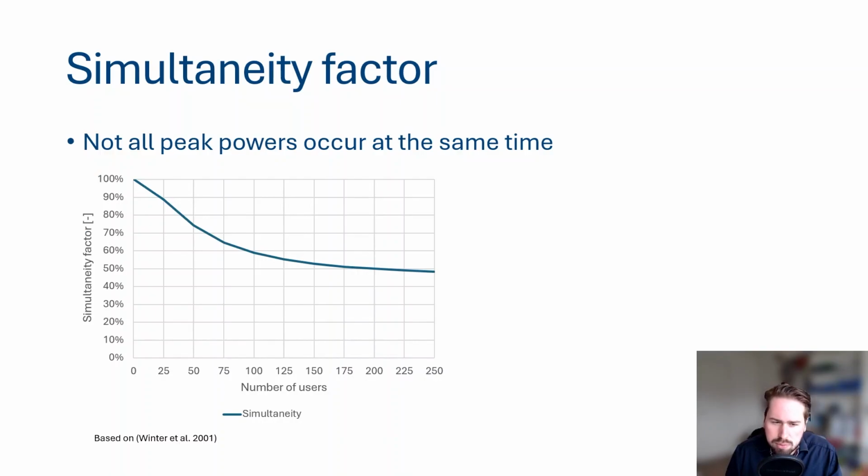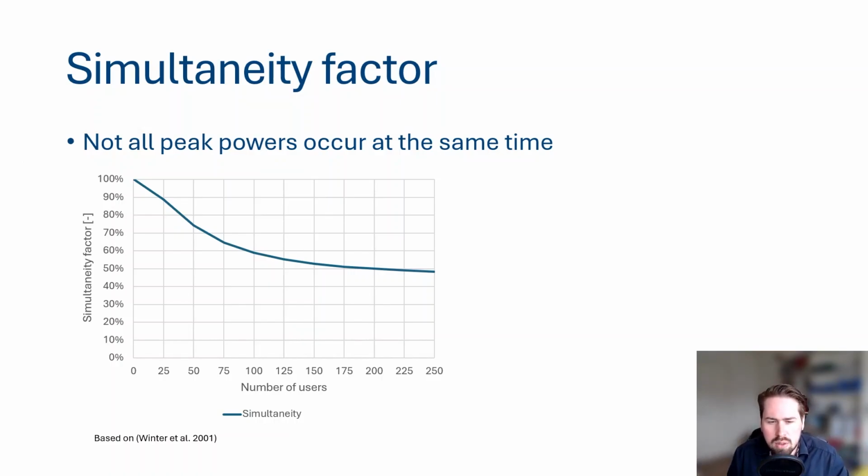So this is a curve which was based on the work of Winter et al. in 2001, where they studied district heating networks with a small and a larger number of users, and where they knew the total installed power, and they also measured the power that's actually coming from the grid. And what they noticed is that when the number of users or units increased, the simultaneity, so the percentage of your total installed power that occurs at the same time, decreases.